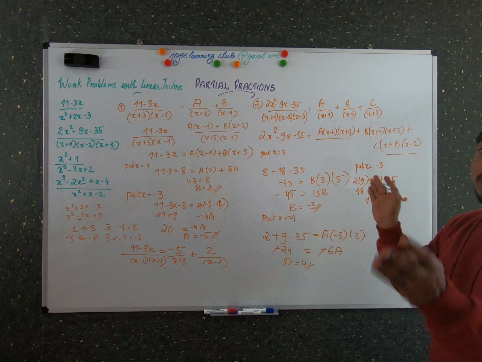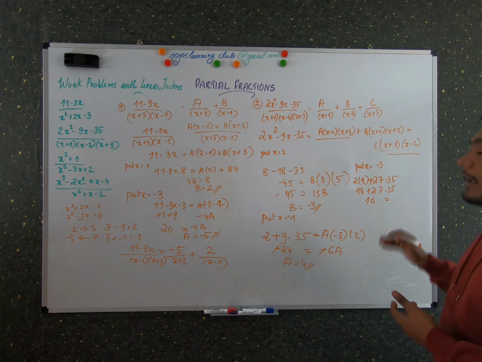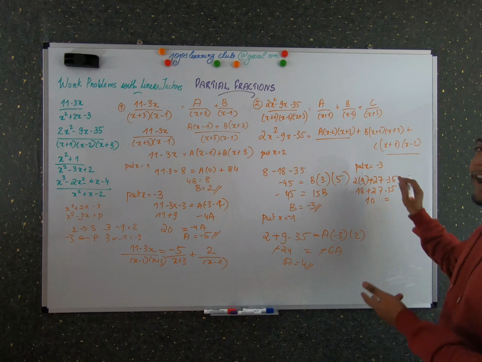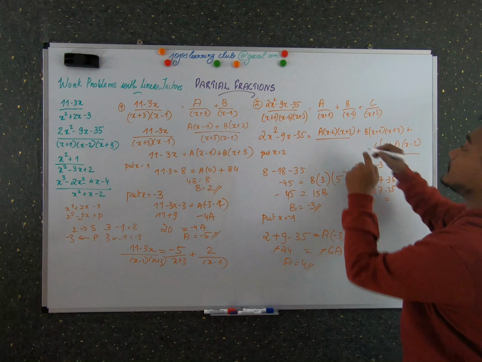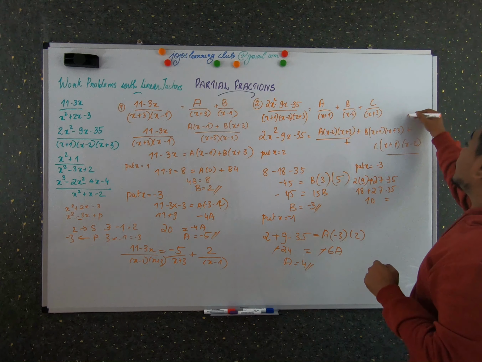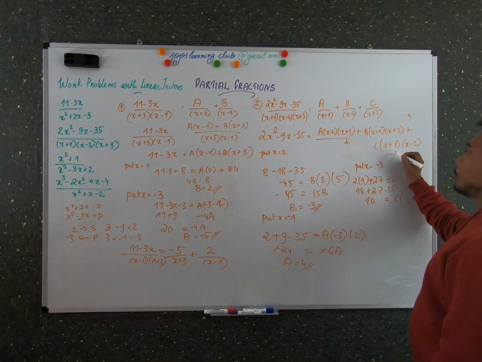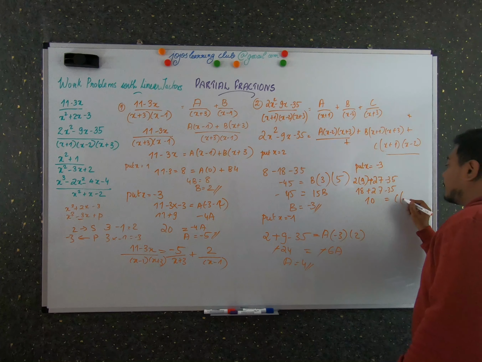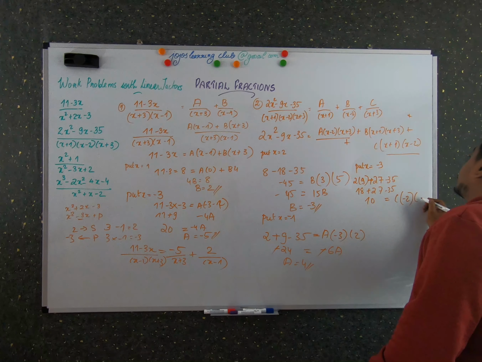You can equate both sides equally and go on, but for me it's easy that if I do the LHS and then the RHS. You can do it any way. Okay, so put x is equal to minus 3. This term is 0 and this term is also 0. Now we have only this term left. So C into (minus 3 plus 1), (minus 3 minus 2), what would it be?